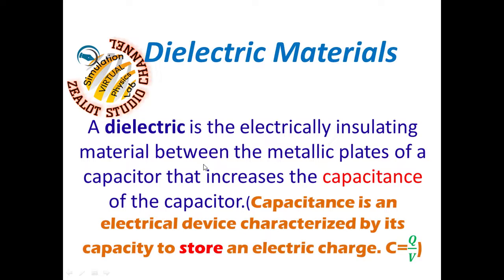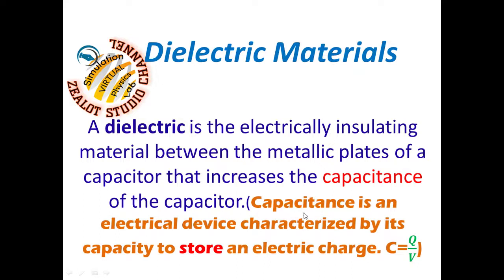So the dielectric material is inserted in between the metallic plates of a capacitor, the positive plate and negative plate, depending on the polarities of the cell. That dielectric material increases the capacitance of a capacitor.